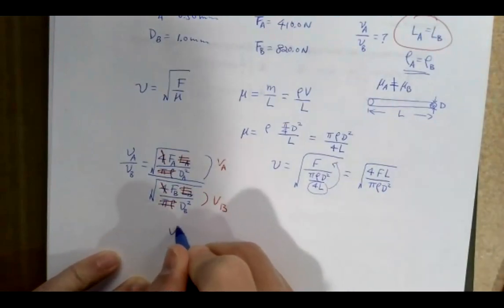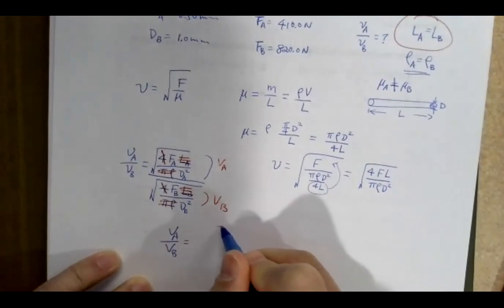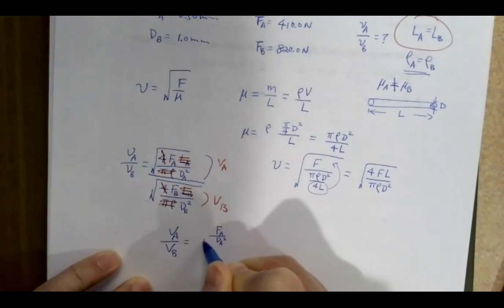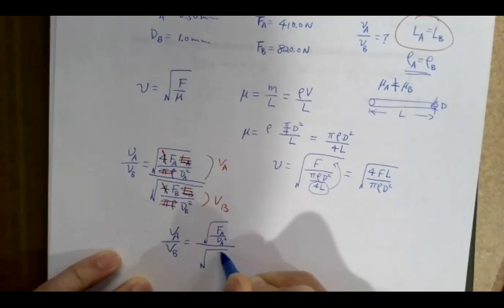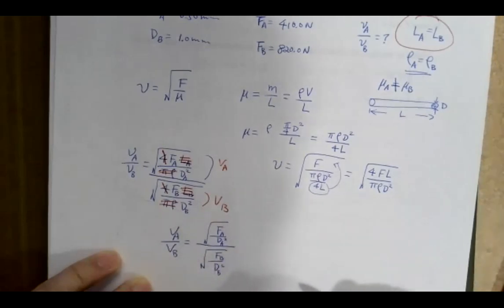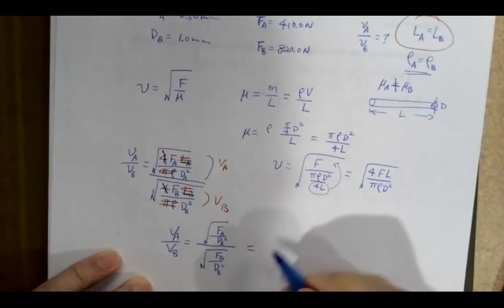Now it becomes VA over VB equals, on the top here, the square root of FA divided by DA squared, divided by the square root of FB divided by DB squared. Now the remaining quantities all have numbers. So you can put in the numbers here at this point, and see what your final result is.